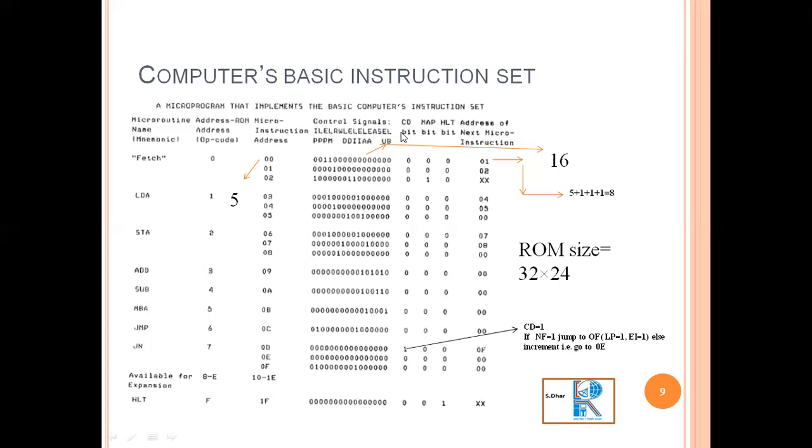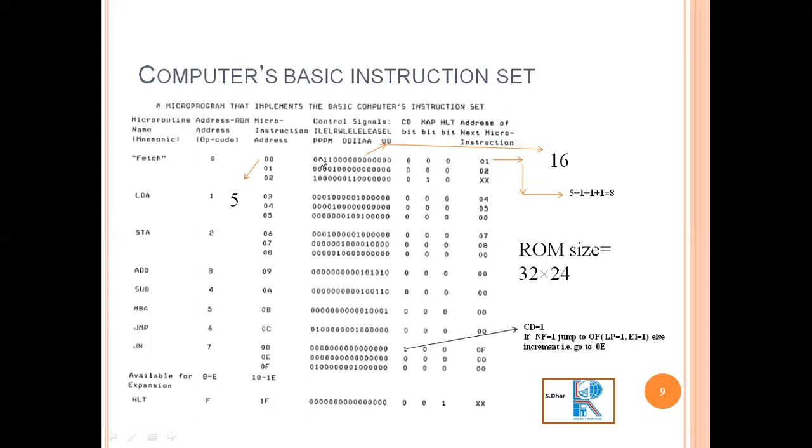Extra bits means one is the condition bits, that means depending on these bits it will jump to another instruction. This is the map bit. Depending on this bit it will also go to another instruction, and this is the halt bit, it will stop the total process. And this is the next address of the micro instruction. You know, here as the number of bits is 5, here also the number of bits should be 5. So what is the total word size in the ROM?